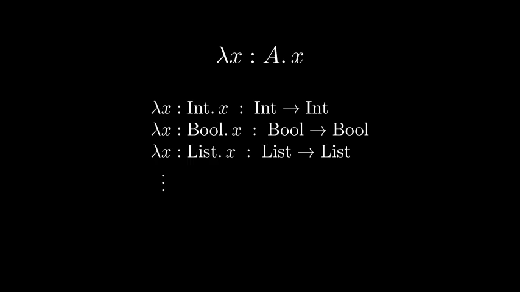One for int, one for bool, one for every type we will ever use. That is unsatisfying. We want one identity that works for every type. To get it, terms have to depend on more than just other terms. They have to depend on types. That is the first new axis.